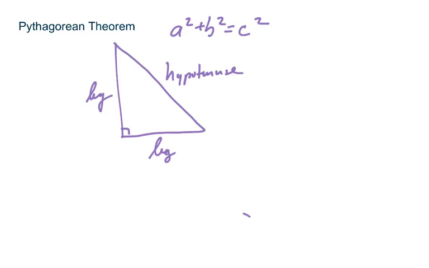Okay, so what that means, if we're matching it up to the equation, the length of a leg is what we call a, the length of the other leg is b, and the length of the hypotenuse is c. So we're saying the length of leg a squared plus the length of leg b squared is going to be equal to the length of the hypotenuse squared.